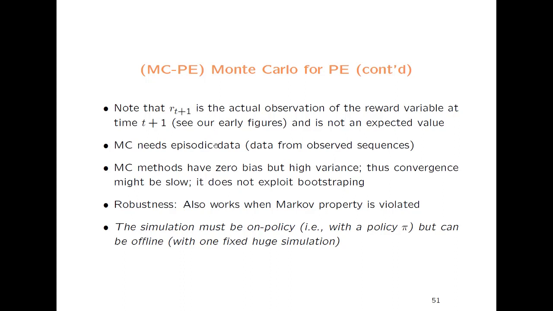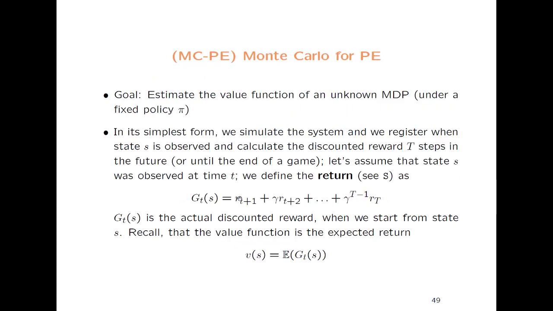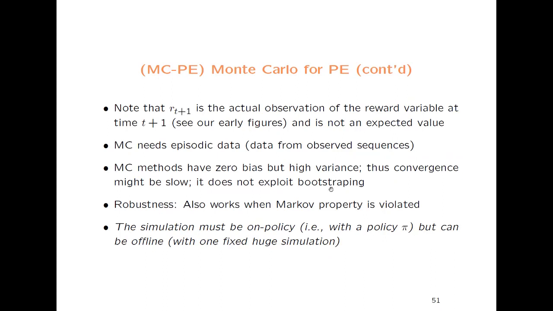So MC needs episodic data, because to estimate this return, of course, we have to know in which order these rewards occurred. And an analysis shows that it has zero bias, so there's no distortion, in our definition of bias before.